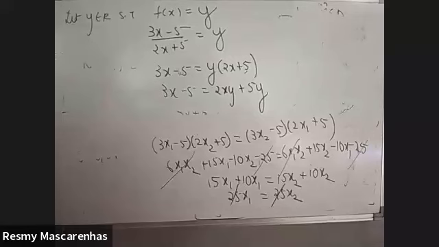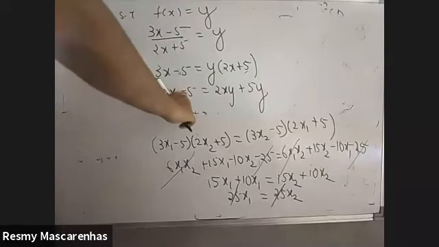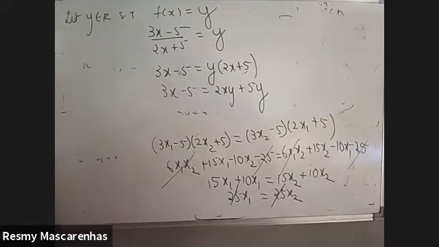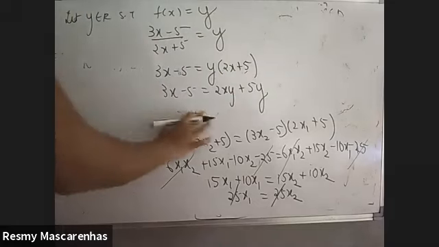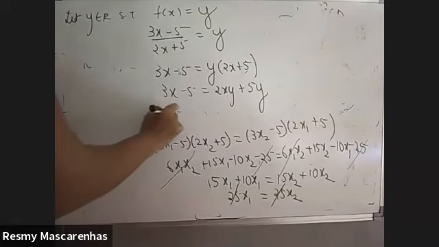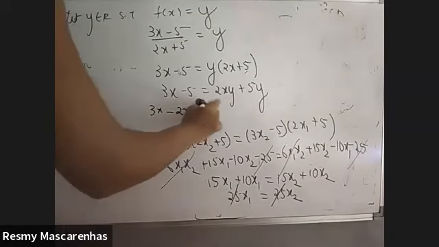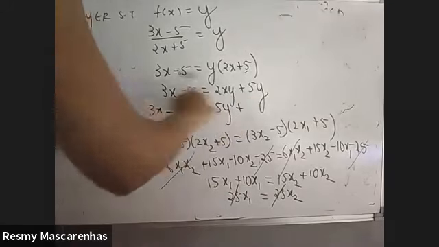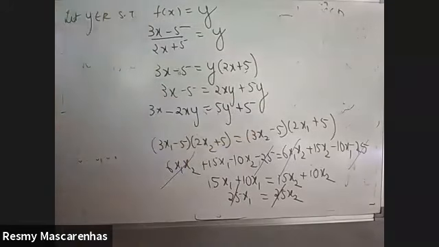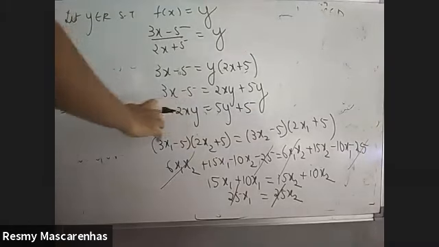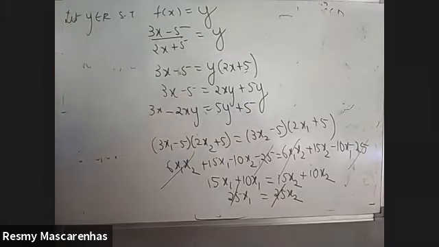This is after multiplying. So I want x to be separate. So bring the x term on one side and remaining terms you keep on the other side. So this will be 3x minus 5. If I take it on the other side, it will become plus 5. Then take x common over here. Both the terms, x is common.